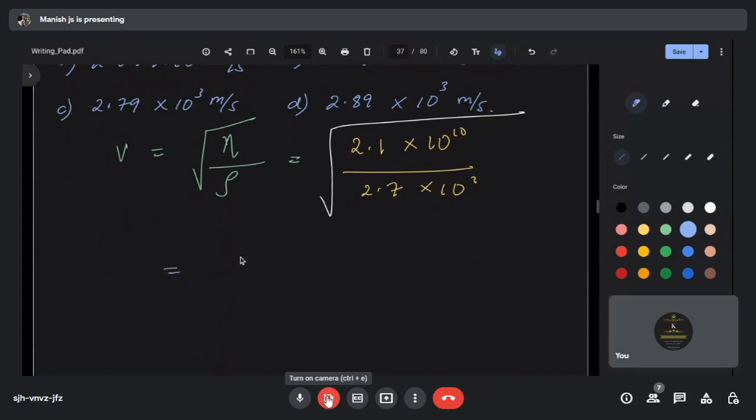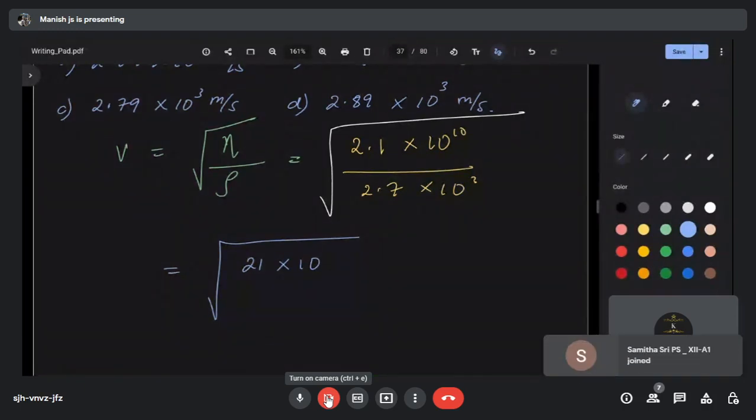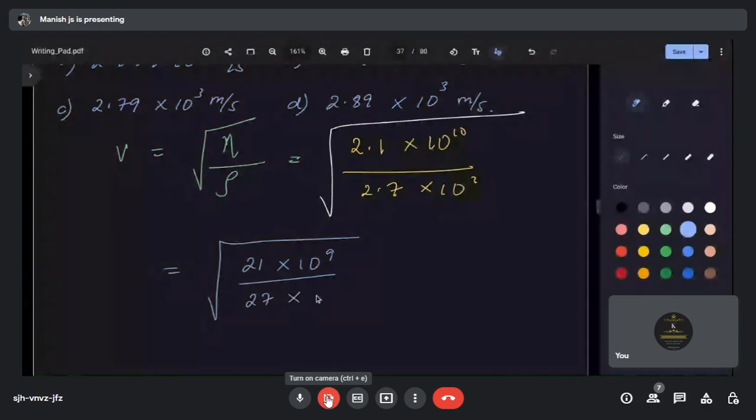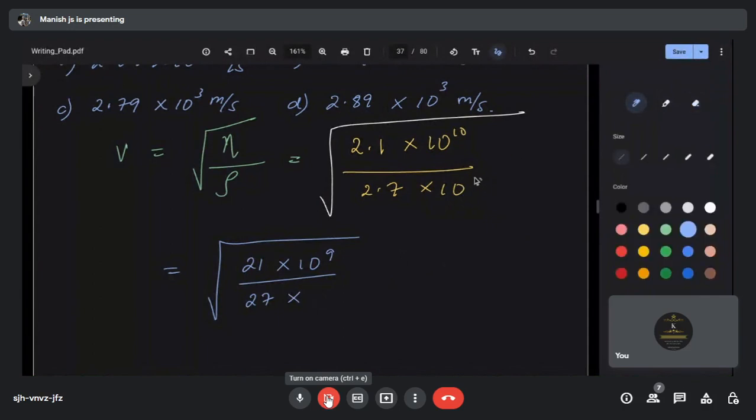Correct? Now how can we write 2.1? 21 into 10 power 11 minus 1 now, 21 into 10 power 10 or 9 or 11. If we take that 10 up it becomes 10 power 9, right? Same way below, 27 into 10 power 3 was there. I'll put it as 3.